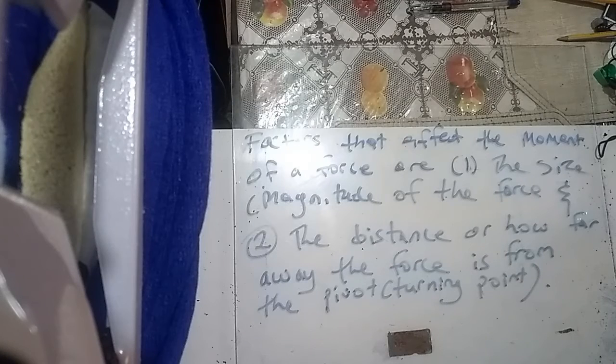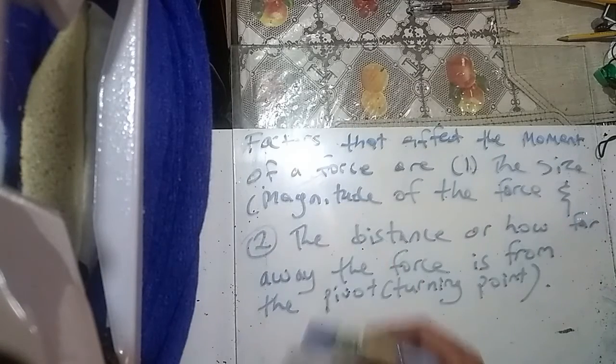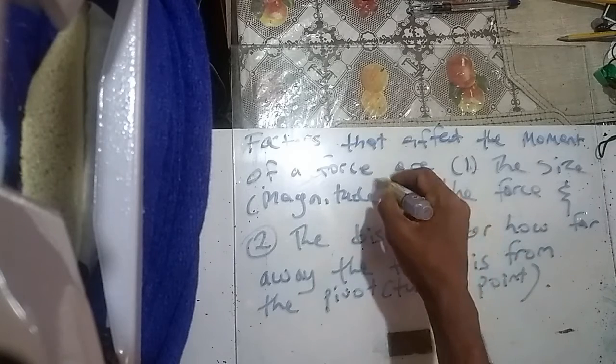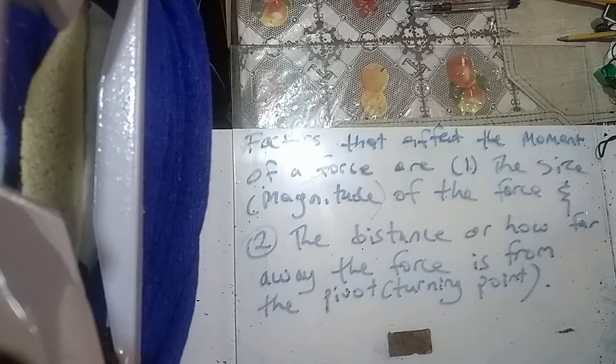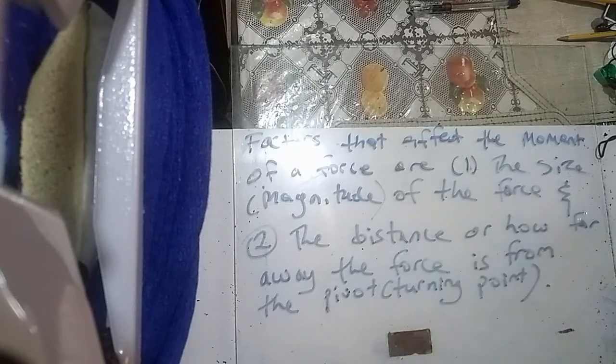Okay, guys. So let's look at two factors that affect the moment of a force. Alright, so there are principally two factors that affect it. Firstly, the size, which is also called the magnitude. Size is interchangeable with the word magnitude, right? So the size of the force. How big is the force?